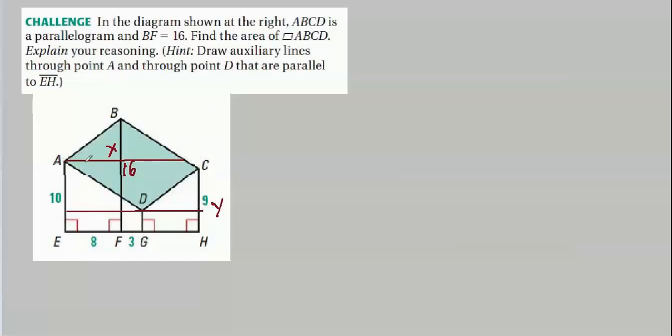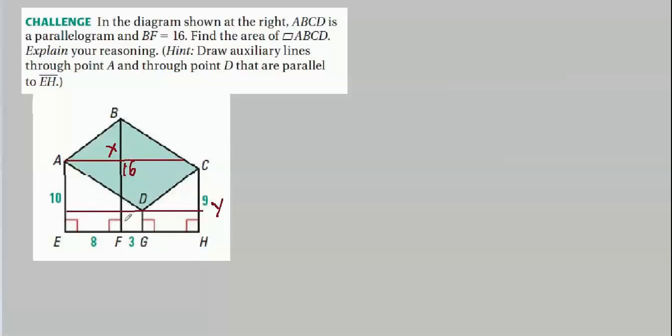Well, because of the way we've drawn these, AE, EF, FX, XA form a parallelogram. In fact, in this case, they form a rectangle. But as long as they're a parallelogram, we know that the opposite sides have to be congruent. They gave us that BF is 16, so that 16 refers to the entire segment.